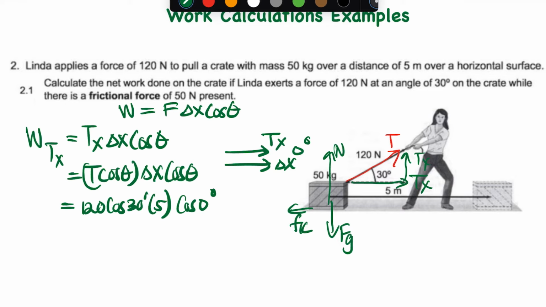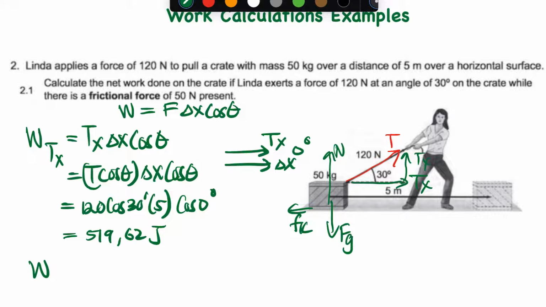If you punch that in the calculator, the work done by Tx is 519.62 joules. It's positive work, which means the tension force horizontally is doing positive work.